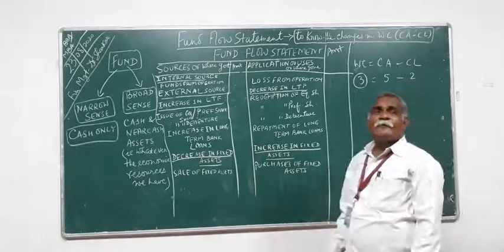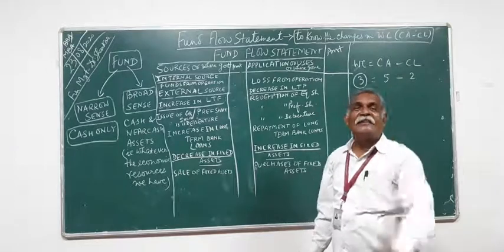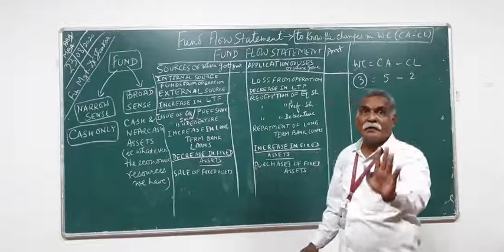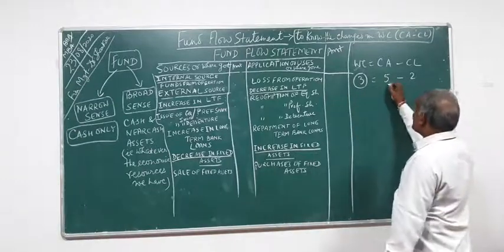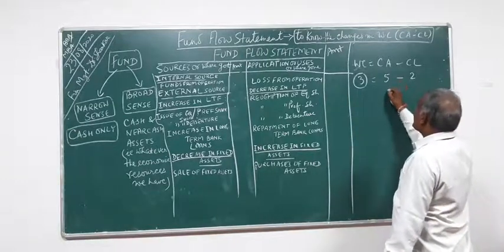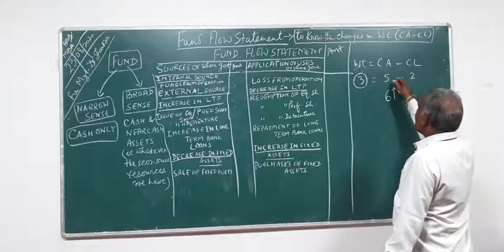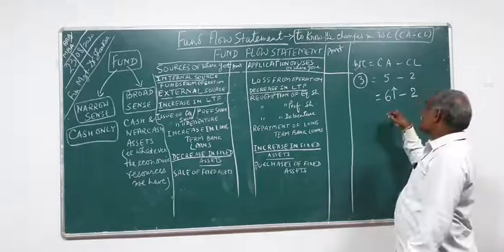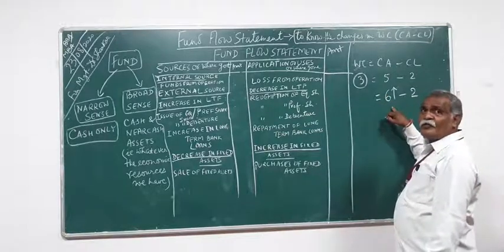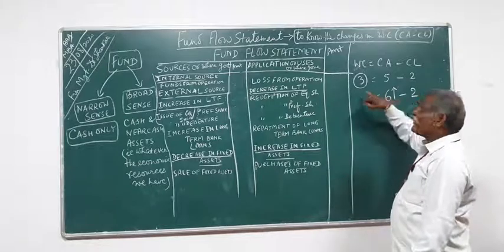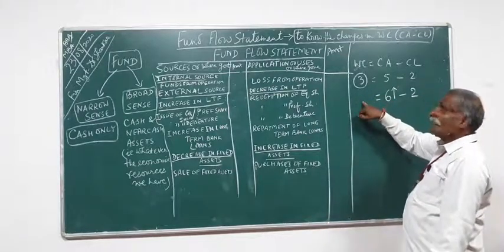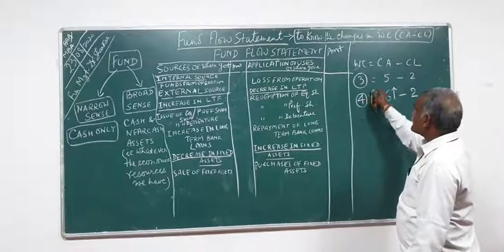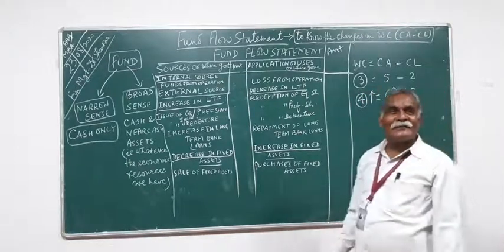Now what I told you is that if the amount of current assets increases, other factors remaining the same, suppose this is 5 and this becomes 6, increasing from 5 to 6, with current liabilities remaining the same. Now you see the impact of this increase of current assets on working capital. How much will working capital be? 6 minus 2 is 4. It means working capital increases.